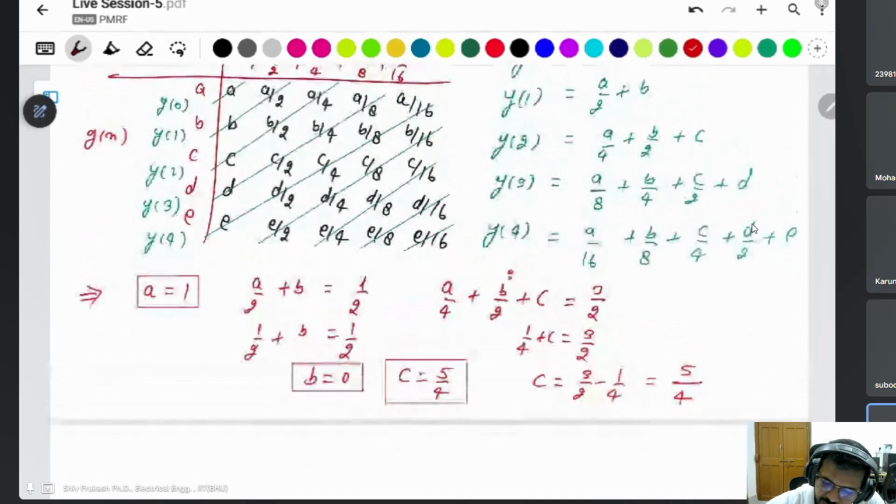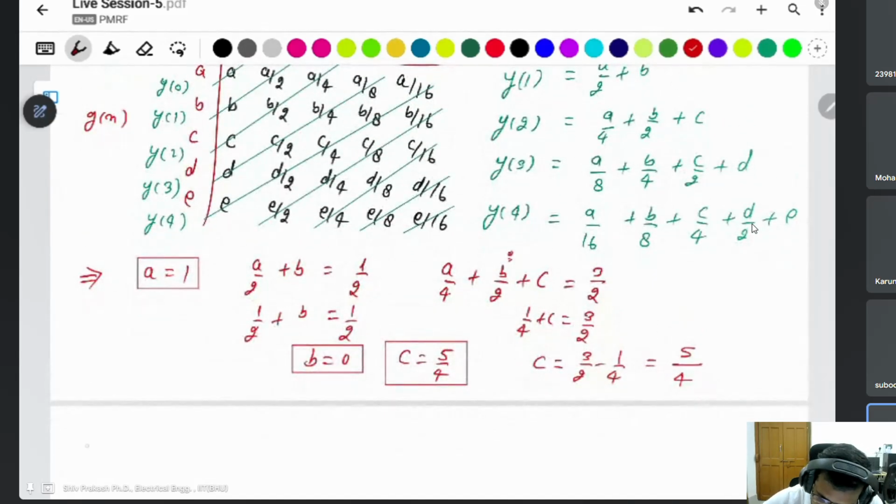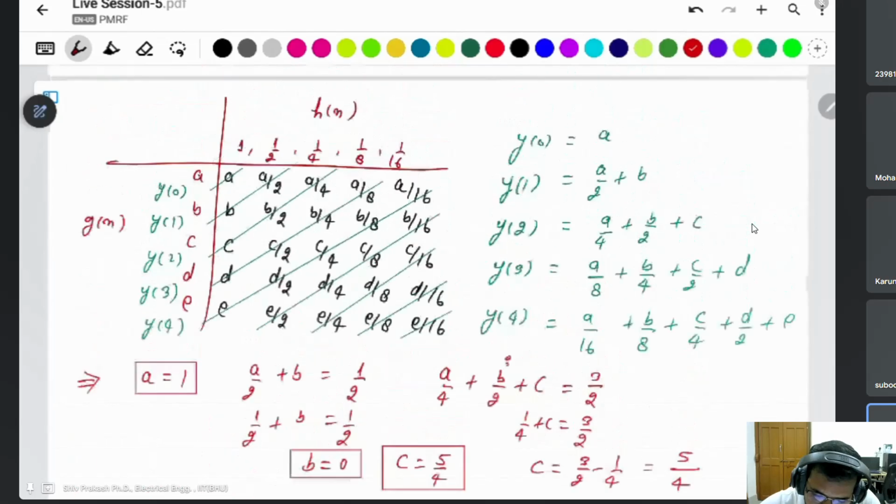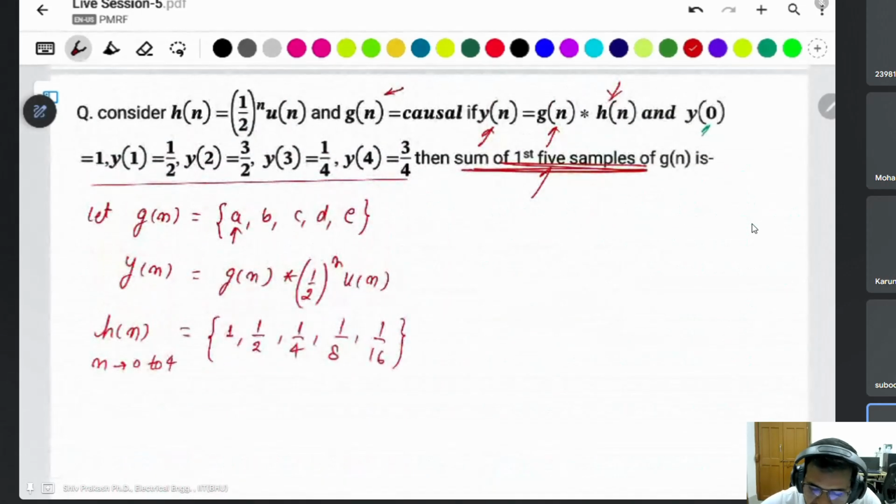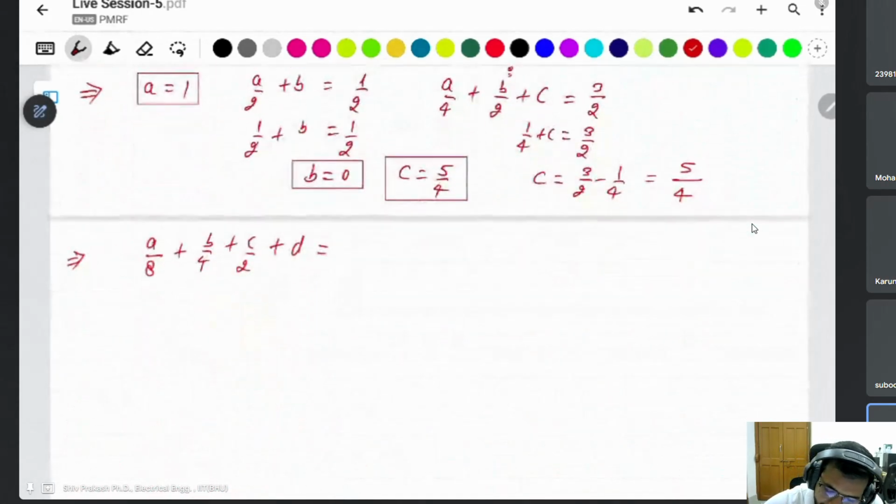Okay. Next is y3. y2 completed. y3 is a by 8 plus b by 4 plus c by 2 plus d. y3 is equal to 1 by 4. a will be 1 by 8. b is equal to 0. c is equal to 5 by 4, it means c by 2 is 5 by 8, plus d.